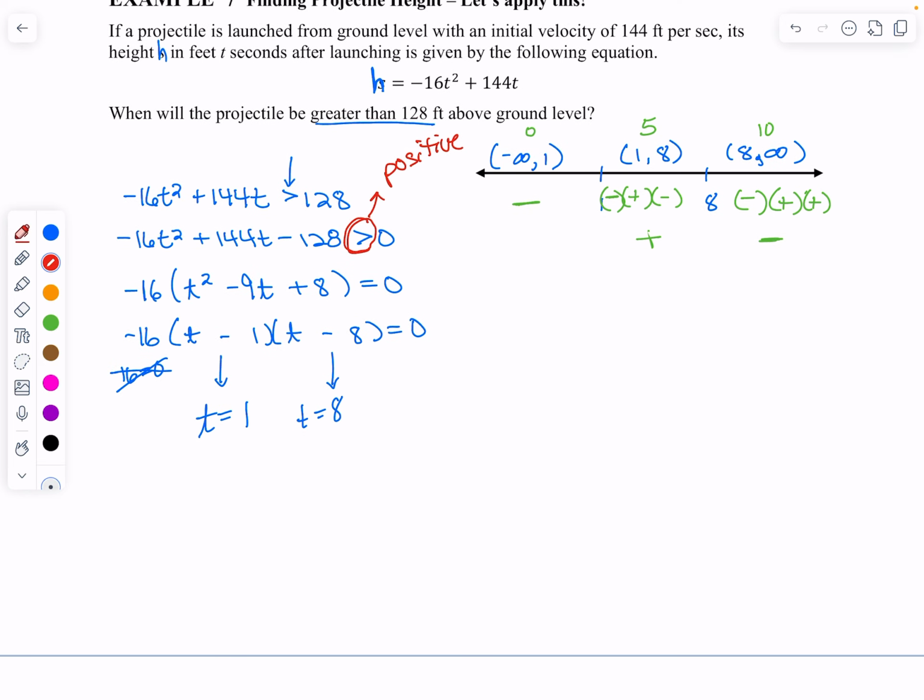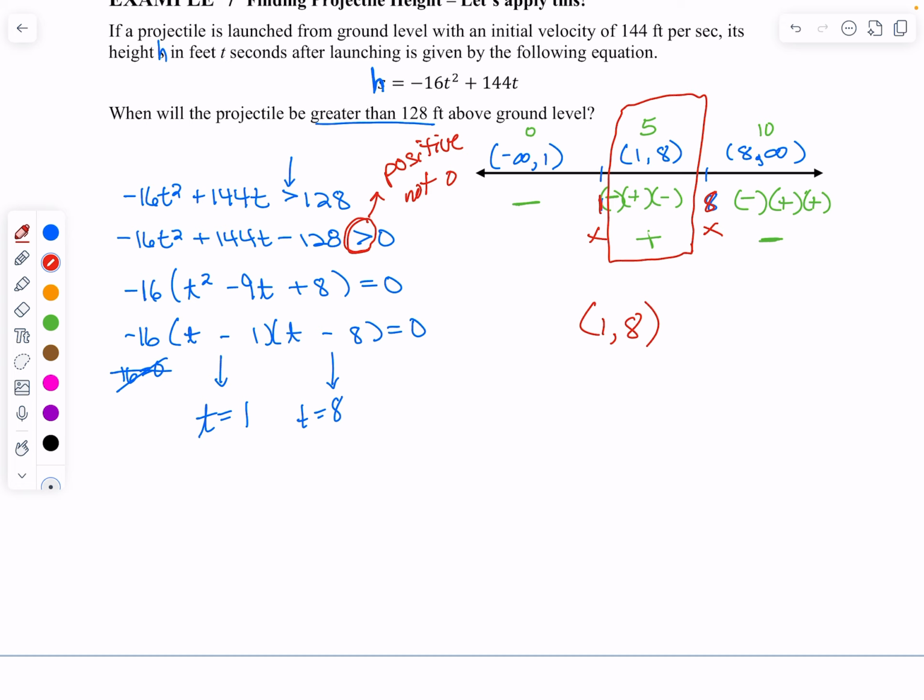So it's got to be positive and not 0. Okay, so the positive one is this right here. Remember my 5, my 1 and my 8 gives me 0, so I know it's not going to be that. So if I wrote it in interval notation, it would be 1 to 8.